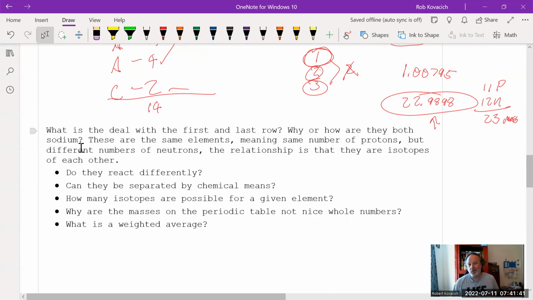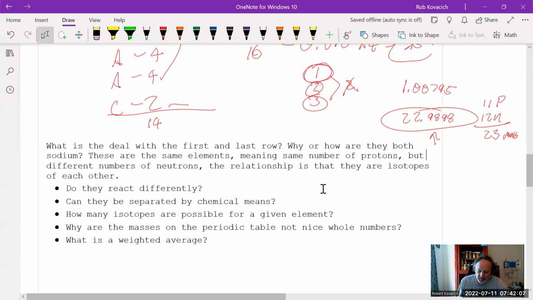How many isotopes are there? It totally depends. For hydrogen, there's only 3, but for uranium, I said earlier, there's more than 30. Depending on which element we're talking about, the bigger the element is, the more variations you can have. And the masses on the periodic table are not nice whole numbers, because we're talking about a weighted average. And that weighted average deals with, if I've got more of one thing, then it bumps its average up.